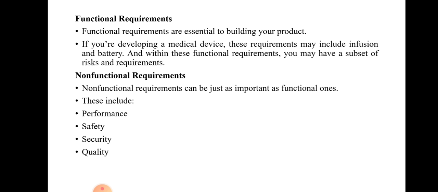There are two types: user requirements and system requirements. System requirements have two types: functional and non-functional requirements. A functional requirement describes the functionality of the product. Non-functional requirements include the system functions, features, etc.